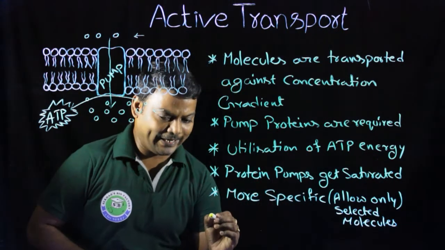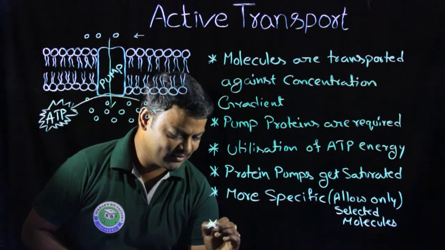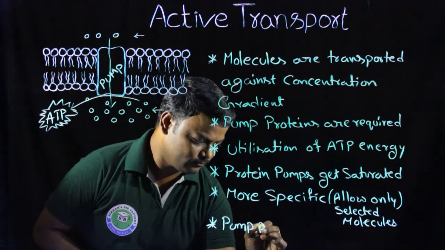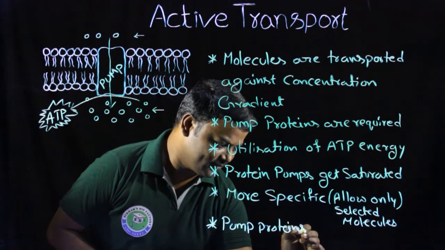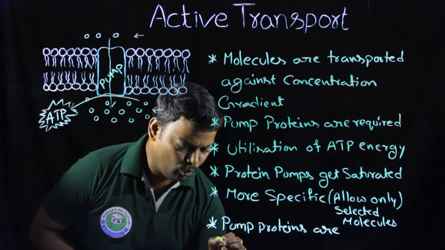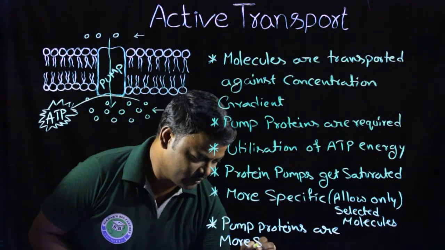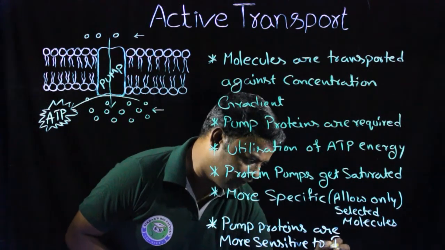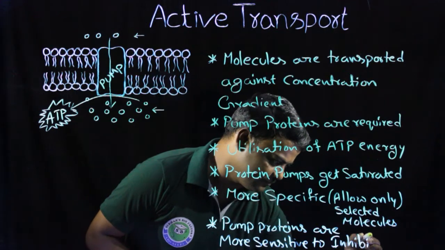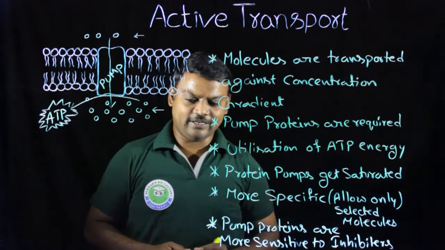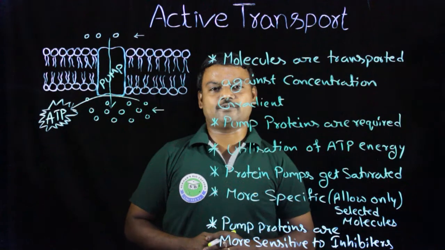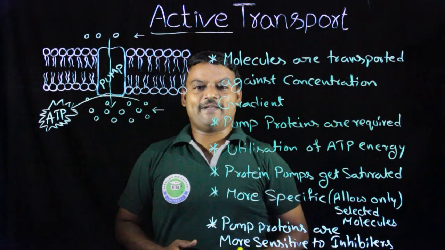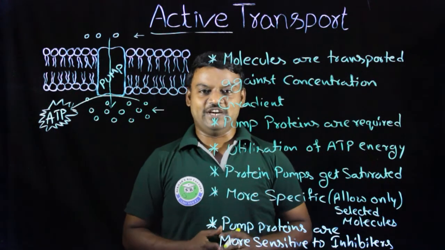So one more important character of this transportation is that these pump proteins are more sensitive to inhibitors. So these are the characters of active transport. In active transport, the term active represents utilization of ATP energy.